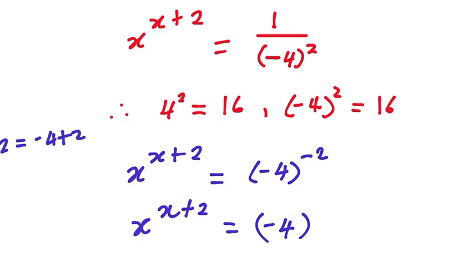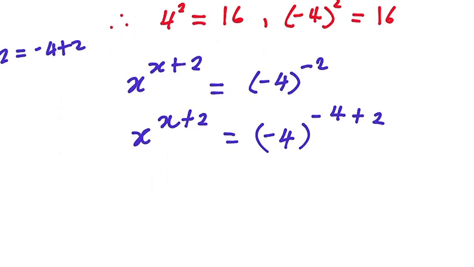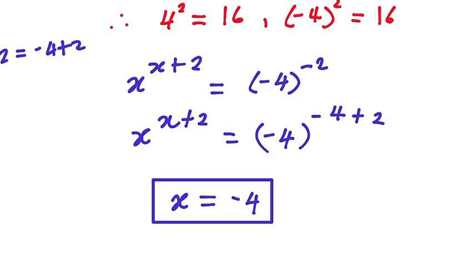So therefore, I'm going to have minus 4 plus what? Plus 2. Now when you look at this, comparing both sides of the equation, you are going to see that we have our x to be what? Our x to be minus what? Minus 4. And that's the solution to the problem.